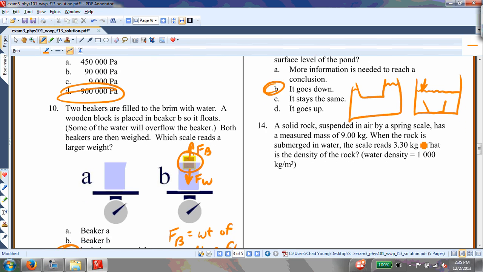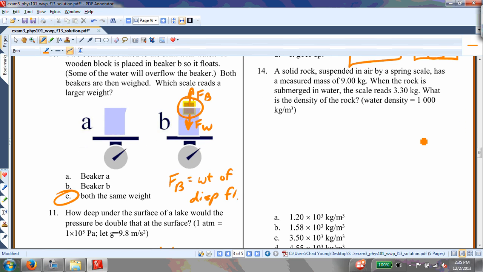Solid rock suspended in air by a spring scale has a measured mass of 9 kilograms. When the rock is submerged in water, the scale reads 3.3 kilograms. What is the density of the rock? All right, so this is my apparent mass, and this is my actual mass. I can find the buoyant force, which is going to equal the weight minus the apparent weight.